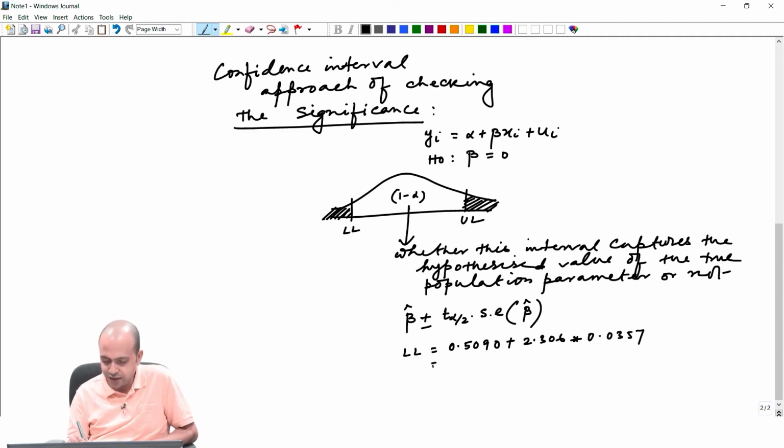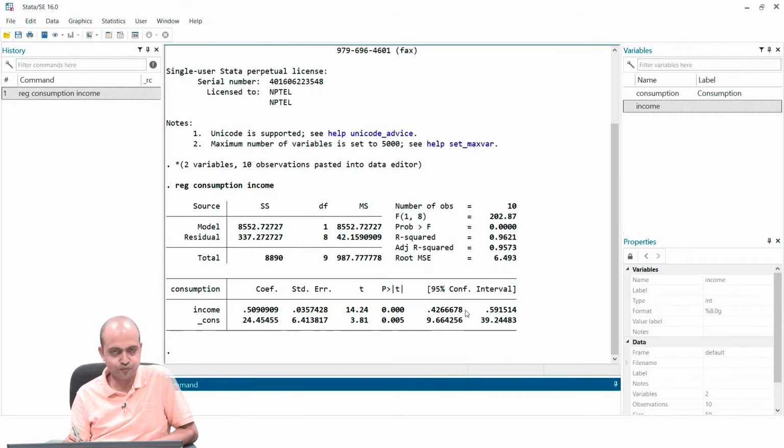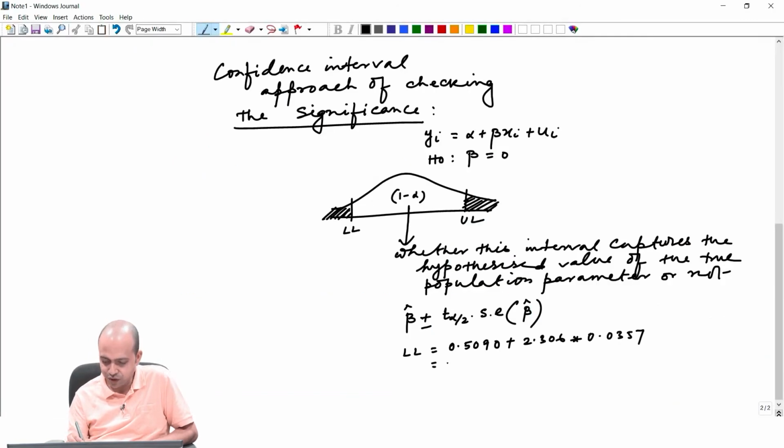If you do that, then you will get the lower limit of the interval, and that is actually given by STATA. Look at this. STATA has given you 95% confidence interval. That means STATA has specified alpha equals 5. What is the value? Value is 0.4266. That is the lower limit of the interval.